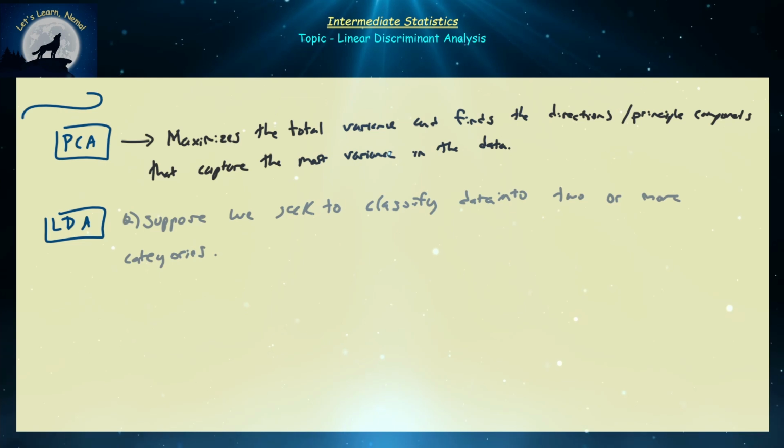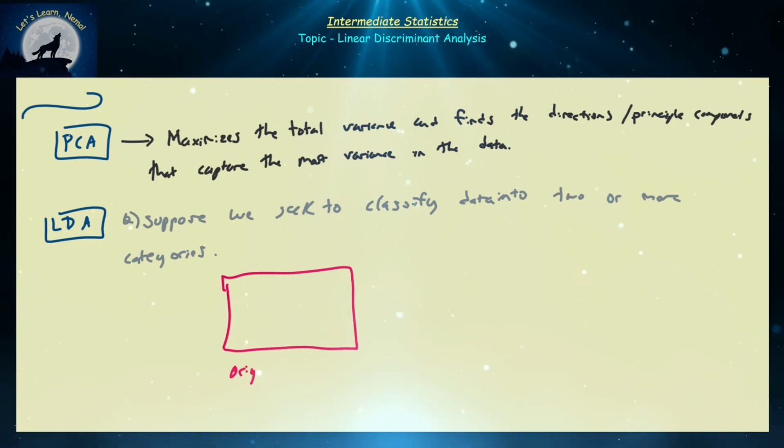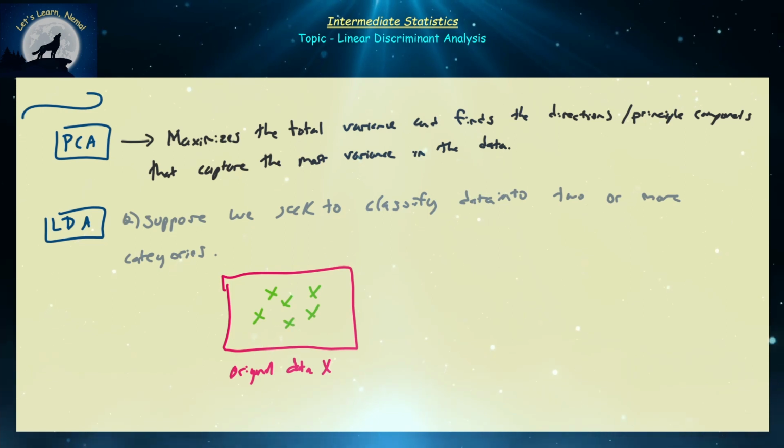And let's assume that might just be how our data is originally presented to us. So this is going to be our original data X. Let's assume that our classifiers look like this, and let's assume our other classifier looks like that.